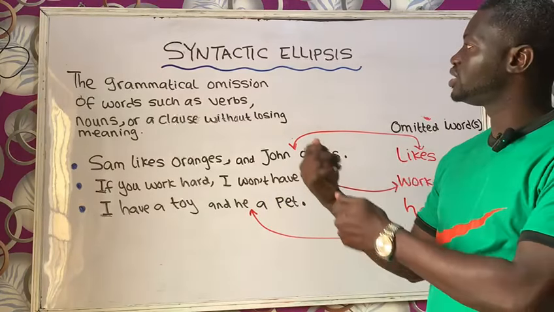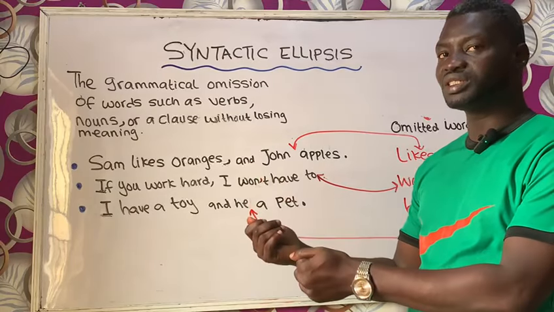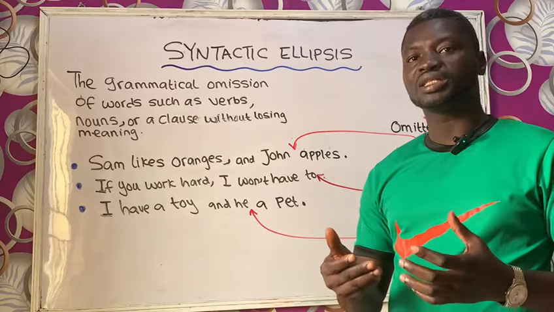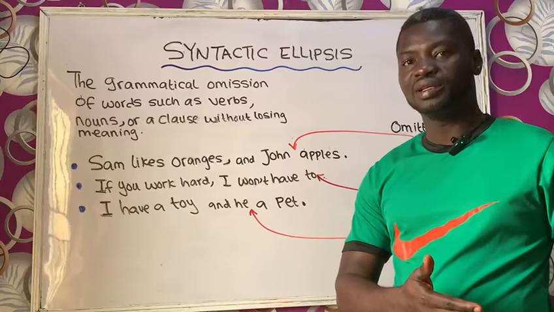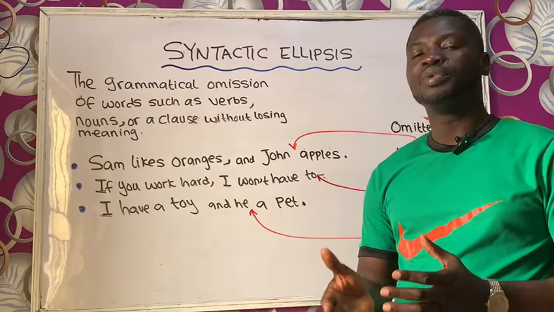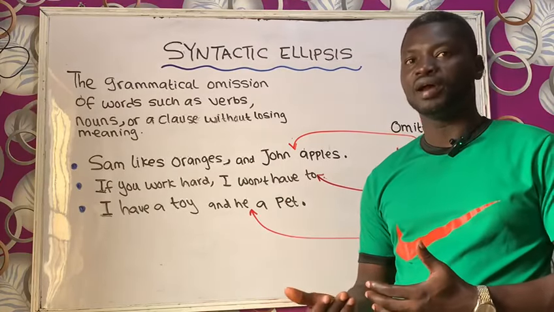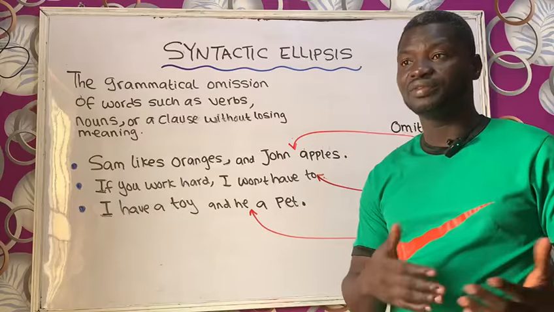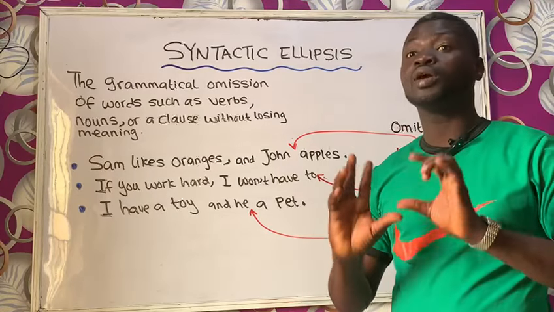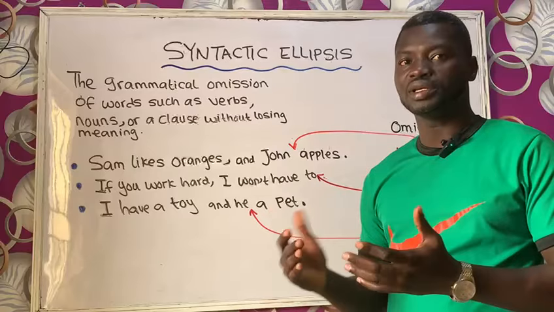But in syntactic ellipses, the omission has got to be a grammatical element. For example, it could be a noun, a verb, sometimes an adjective or a group of words, or perhaps a whole clause. And that's what we're talking about.